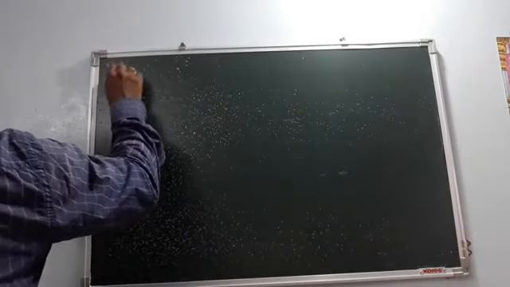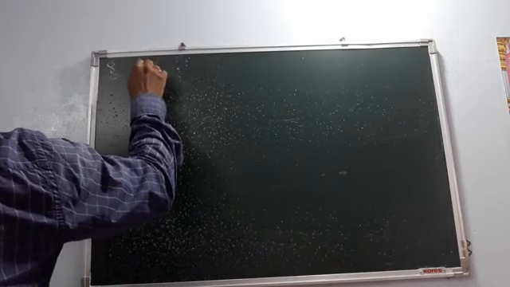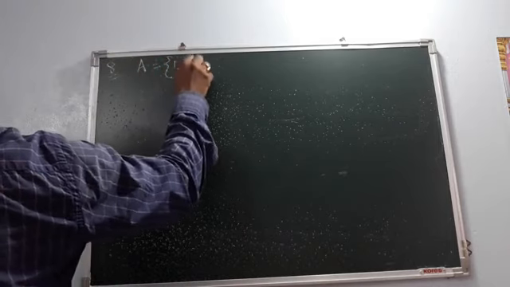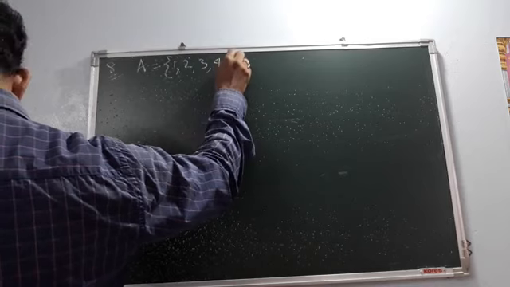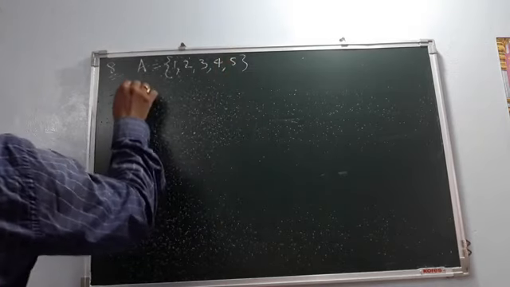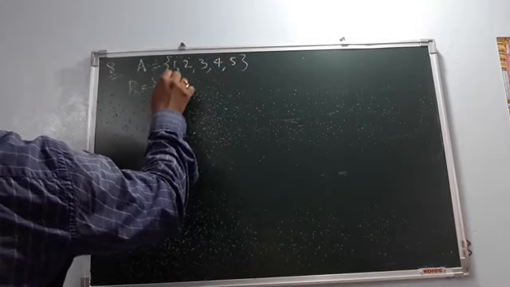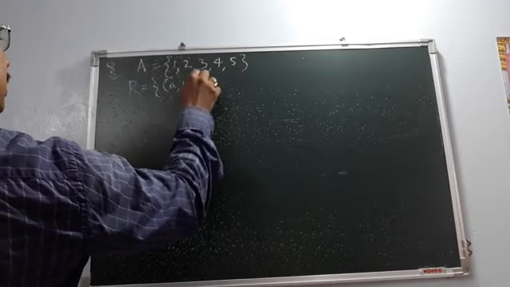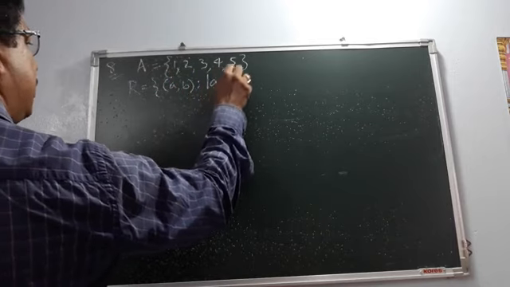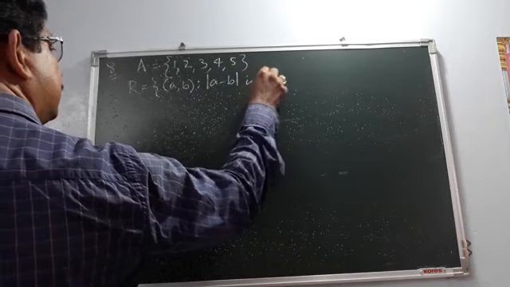So this is the first part, and we will do the first part first. A is a set containing 1, 2, 3, 4 and 5. R is what? (a, b) such that the modulus of a minus b is even.